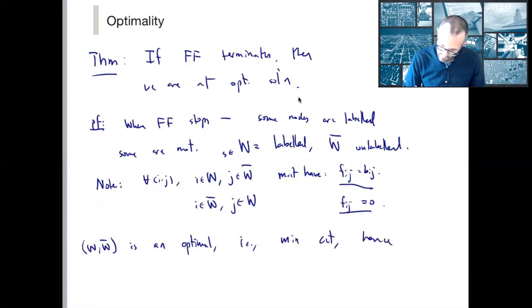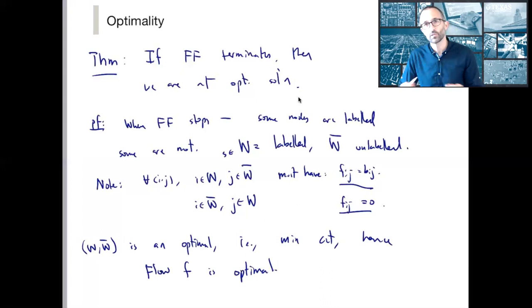Hence, it's a certificate that our flow F is optimal. So in other words, Ford Fulkerson will either find an augmenting path, which means that we can use it to augment F, or it does not succeed in finding an augmenting path, in which case it's a certificate by LP duality that we are already at an optimal solution.